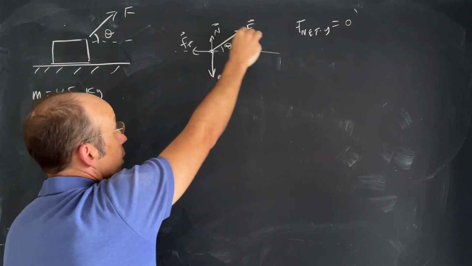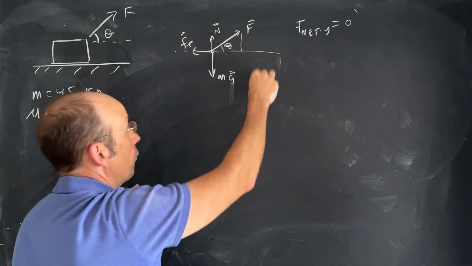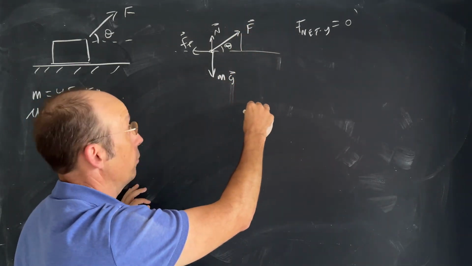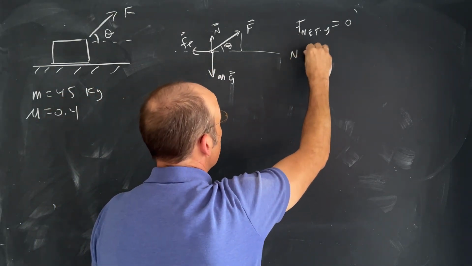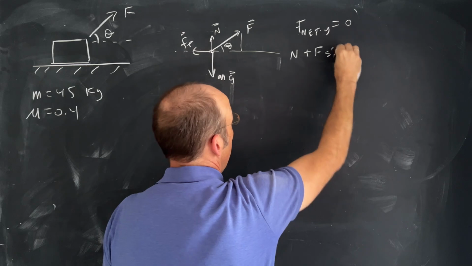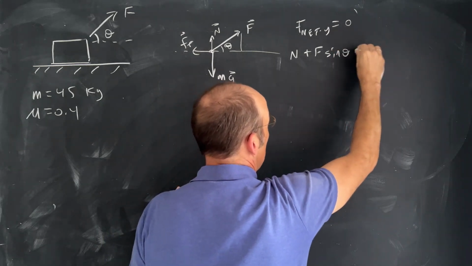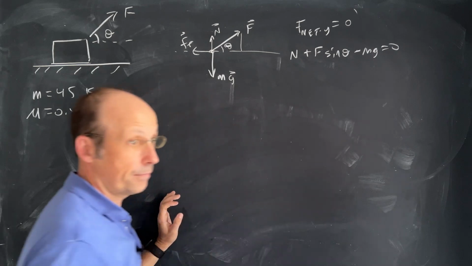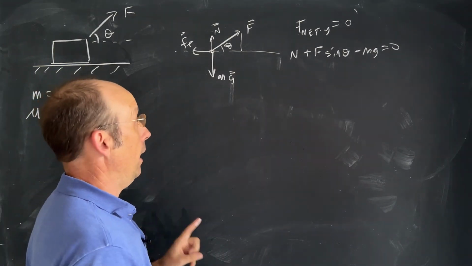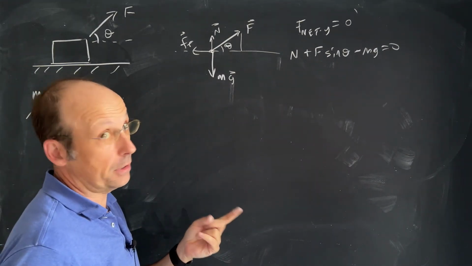Well, I have the normal force. I have this component of the force I'm pulling with, which I don't know, and the gravitational force. So that'd be N plus F sine of theta minus mg equals 0. Okay, now I'm going to need that because I'm going to need the normal force.